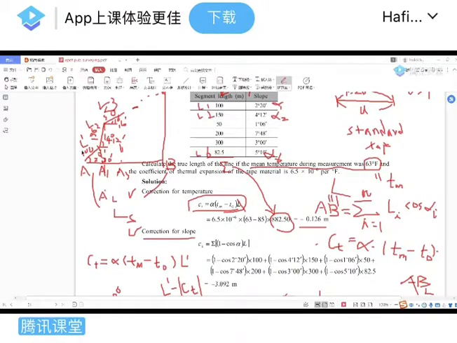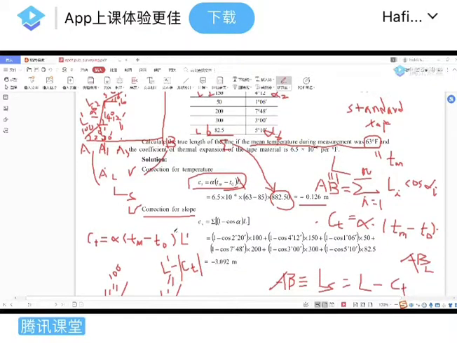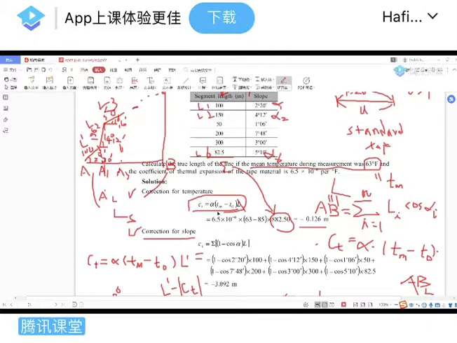Put this 100 into the standardized one first. So alpha over here, I already gave you alpha, and the base is over here too. Look at the unit of the alpha: 6.5 times 10 raised to minus 6 per degree Fahrenheit.